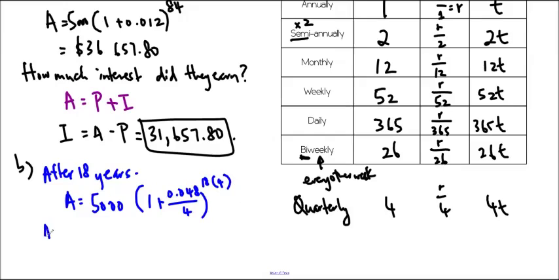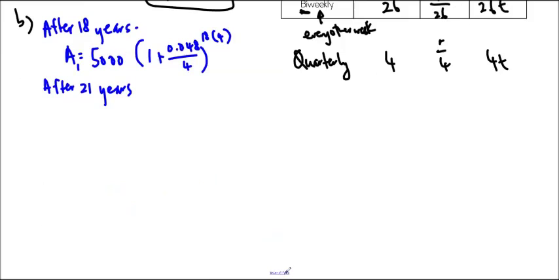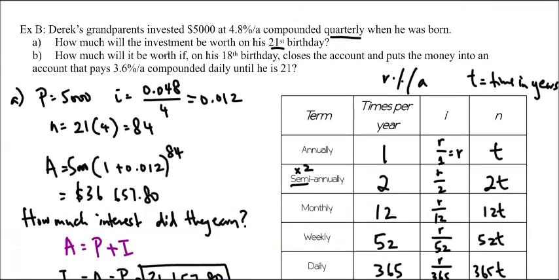However, I know that after 21 years, I'm going to take this original amount, let's call that A1, and I'm going to be compounding even longer. So after 21 years, it's going to be this amount, A1, times 1 plus 0.036, was it 3.6%?